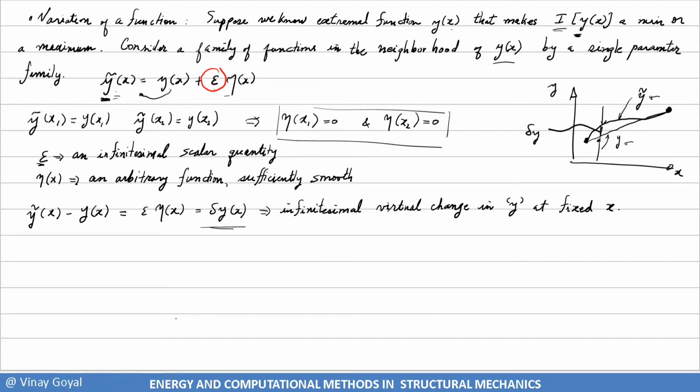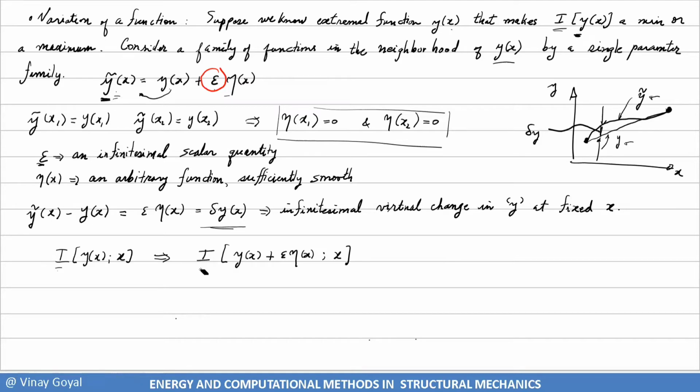So my I tilde, my I of y of x, I'm going to now evaluate this function, but in the neighborhood of y. So I'm going to change this function so that it's I, but instead of y now, I'm going to select the family of functions y plus epsilon eta of x, and I'm going to look at what happens near there. Now, you agree that this function I tilde is no longer this function I, they're quite different.